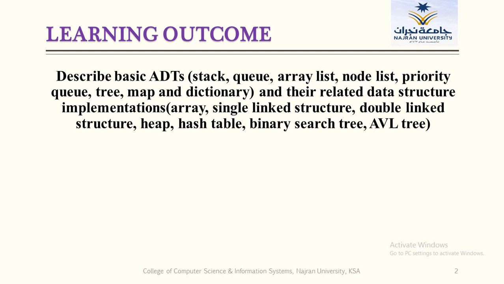Our first course learning outcome was to describe basic abstract data types: stack, queue, node list, priority queue, tree, map and dictionary.